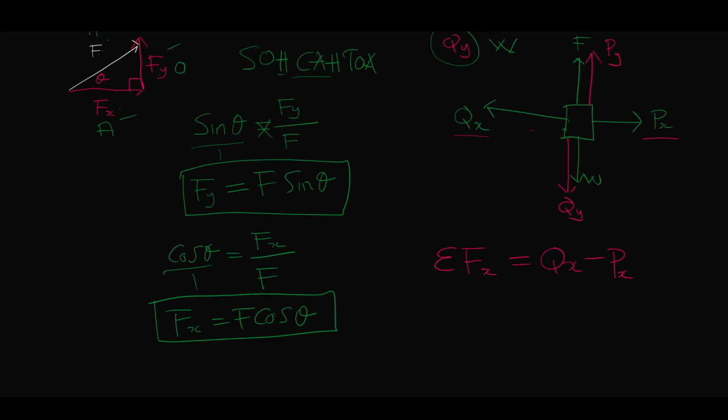One has to be negative. And the summation of forces in the y-axis is equal to F plus Py, since they are going up, minus Qy minus W. So that is the summation of forces in the y-axis.